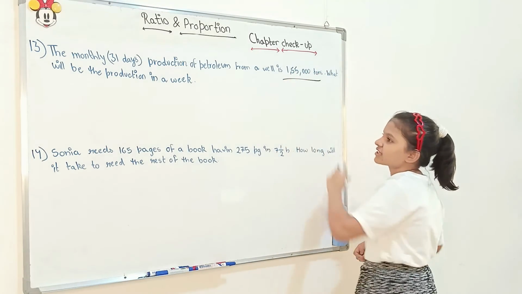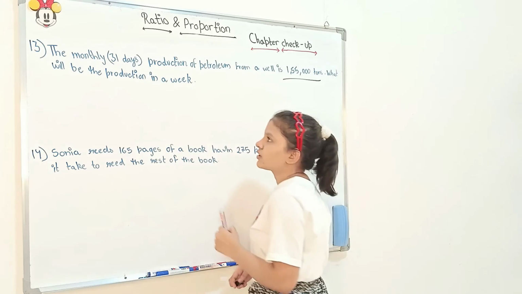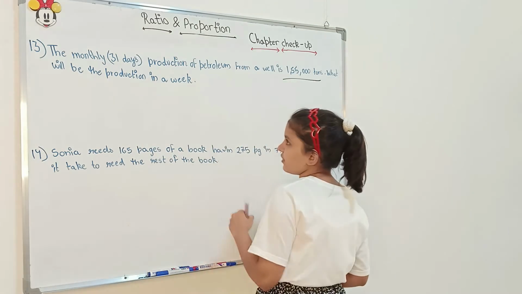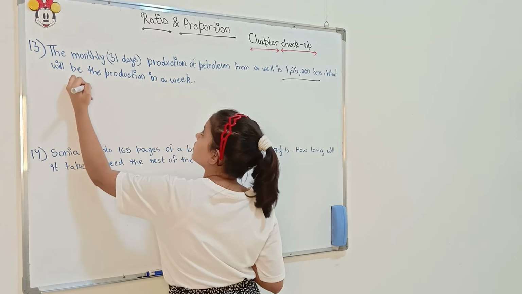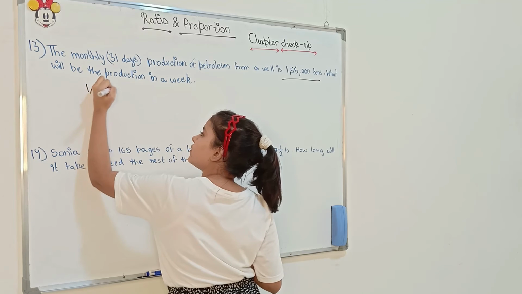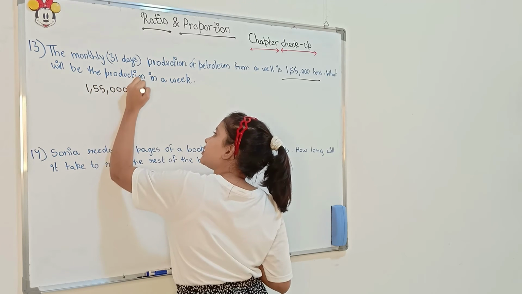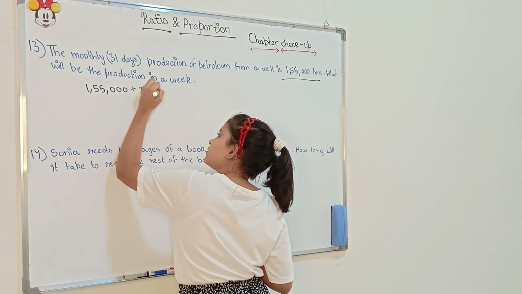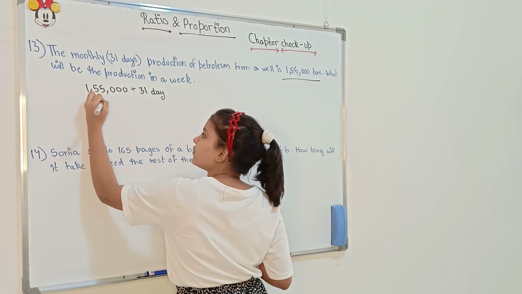Now they are asking what will be the production of petroleum in 1 week, which is 7 days. So first we'll divide them. So we can write this as 1,55,000 divided by 31 days, which is 1 month. So our answer we will get is 5,000.